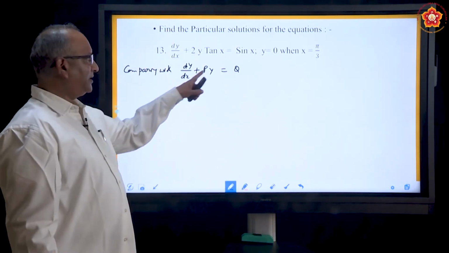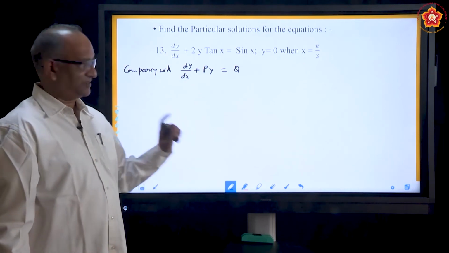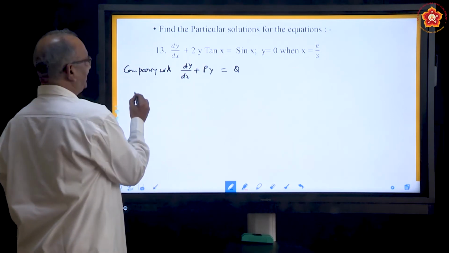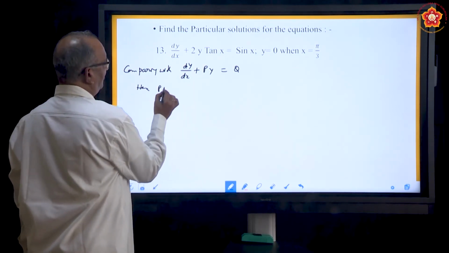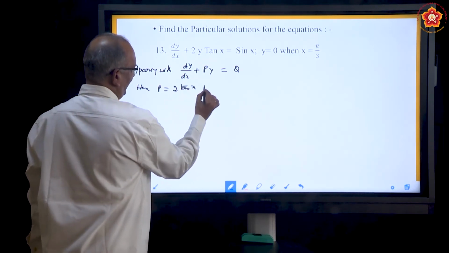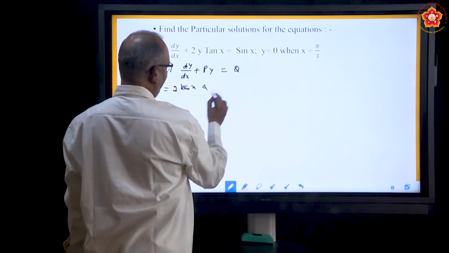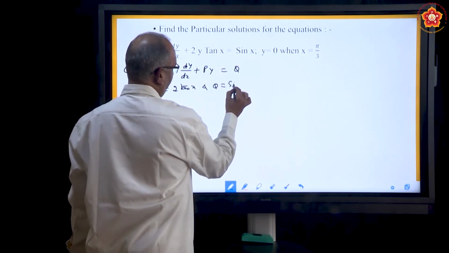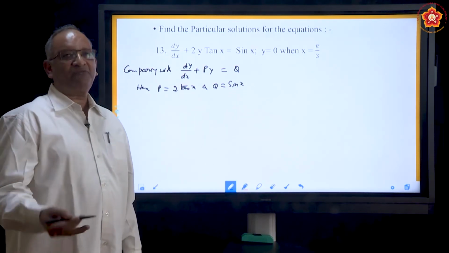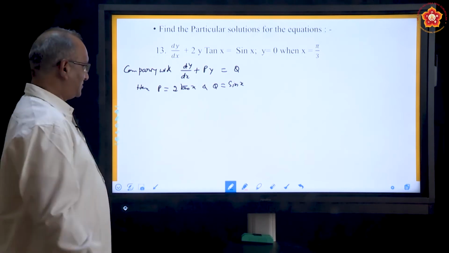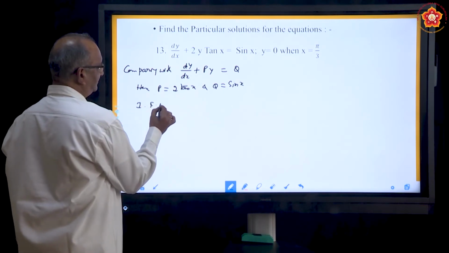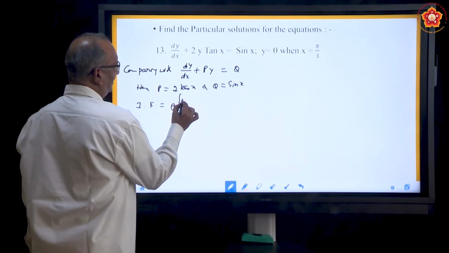What is the condition? p and q are either constants or functions of x. Compare. Instead of py we have 2y tan x. So, we can say that in this problem the value of p is 2 tan x and the value of q is sin x. The moment you know p and q, you first find the integration factor. What is the integration factor? e to the power integral of p dx.